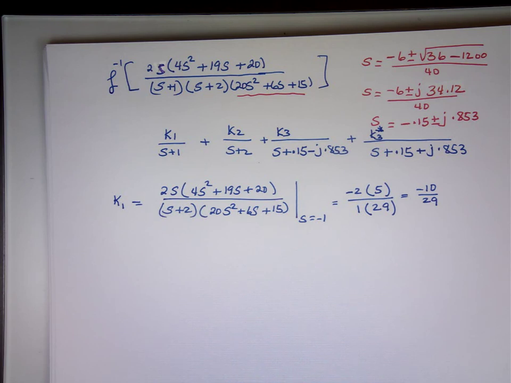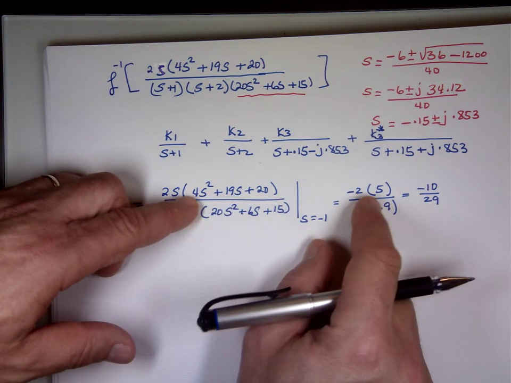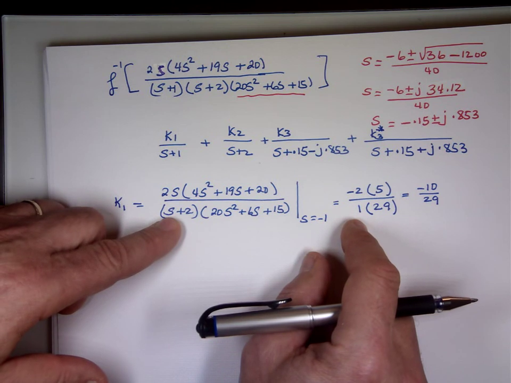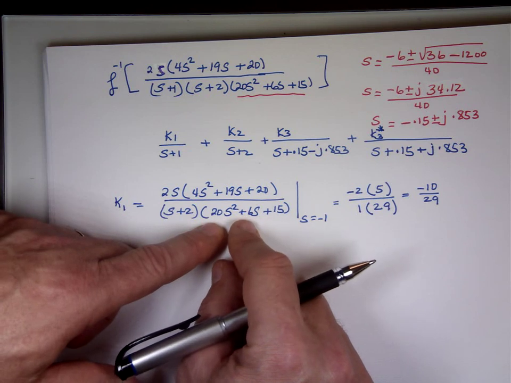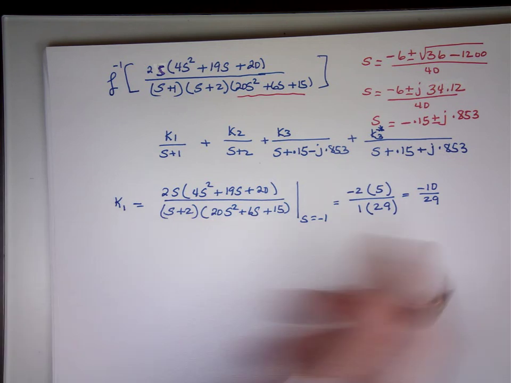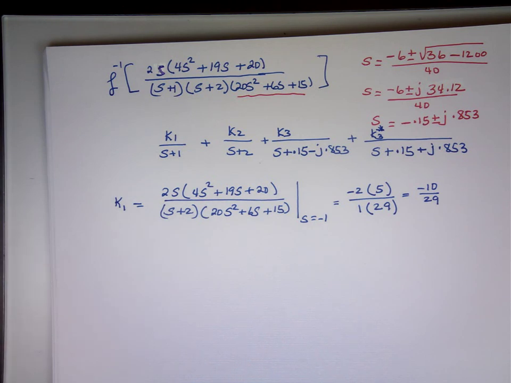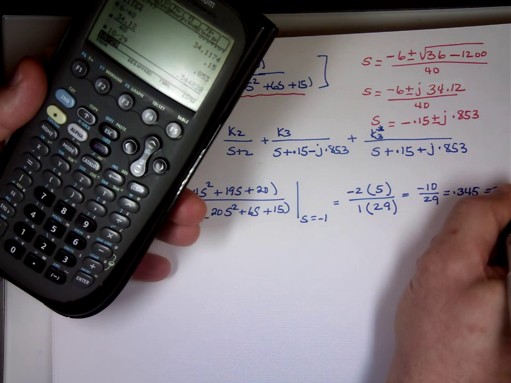Again, let me double check these numbers. 4 minus 19 plus 20 is 5, this is -2, this is 1, 35 minus 6 is 29. So 10 over 29, a small number, 0.345, or 345 milli.